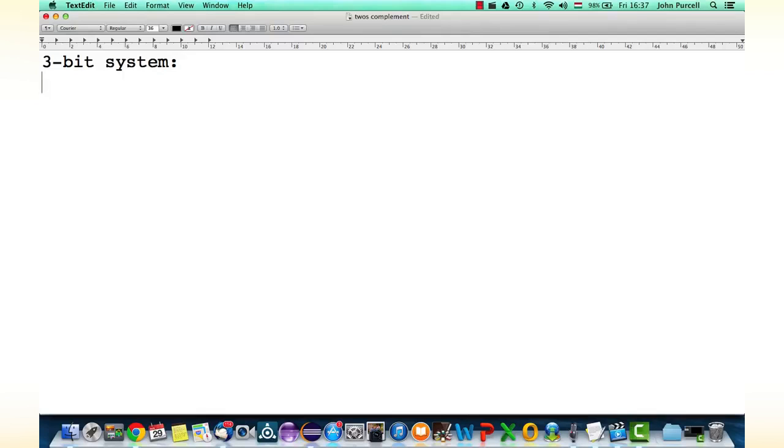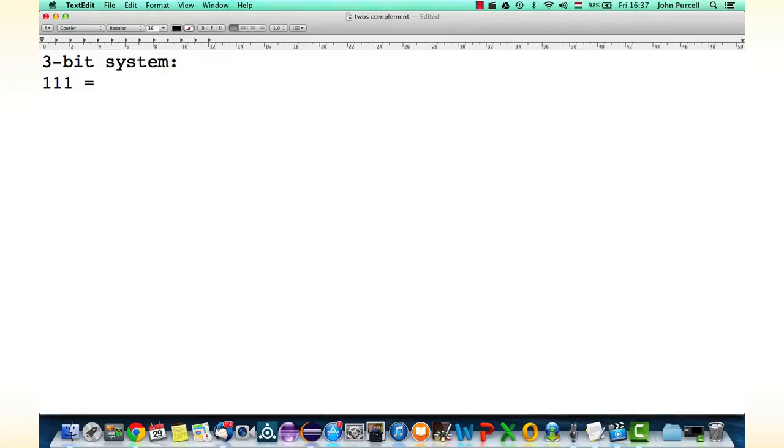So if we're not interested in negative numbers, just positive ones, the biggest value that you could get in there would be got by setting all of the bits to 1. We can only set each bit to 0 or 1, so if we set them all to 1, then you'd expect that to be the biggest value that you could get in 3 bits.